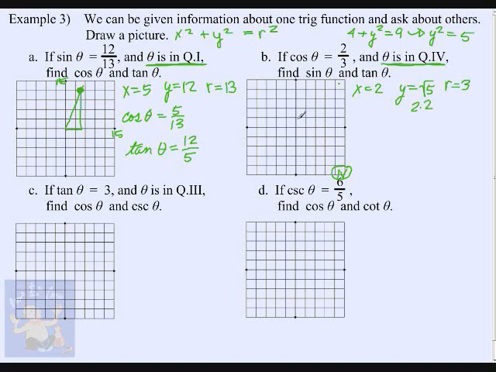I'm going to consider these as 1 by 1 grids. You don't have to mark it if it's 1 by 1. You only have to mark it if it's something other than that, like we had over here. So when x is 2, y is 2.2. So right about there, wouldn't you say?